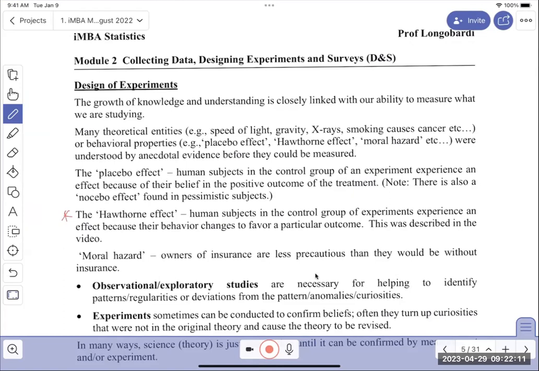Then there's the placebo effect. The placebo effect has been noticed where patients or participants in a study, the very fact that they're in the study gives them hope, let's say, possibly. I think that's the best word to capture it, is that the very fact that they're part of the study gives them some sense of relief, maybe de-stresses them.